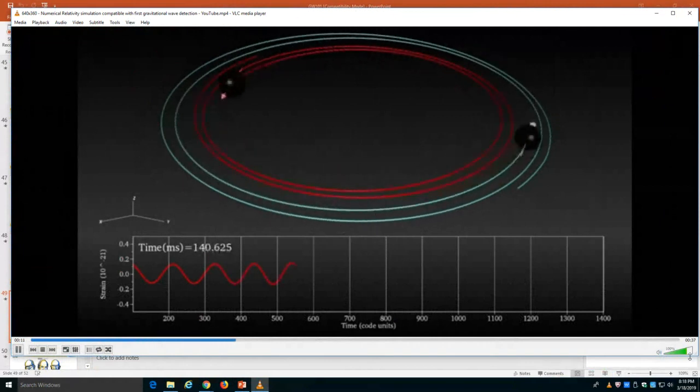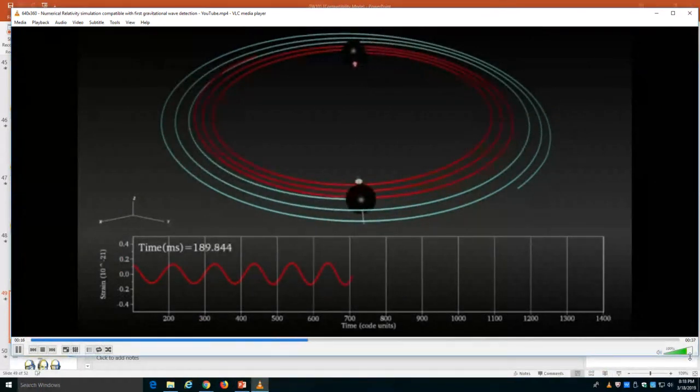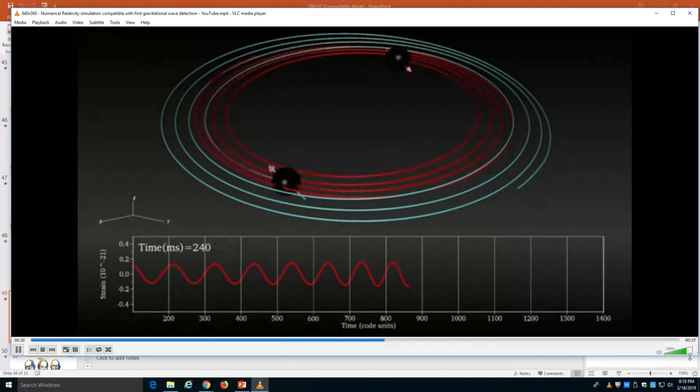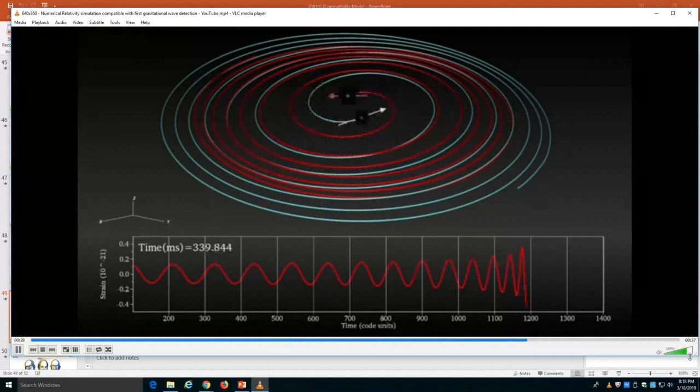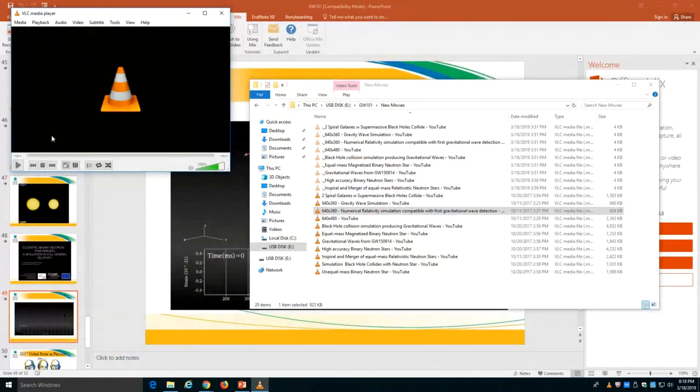And so they created this simulation based pretty much exactly on the parameters they observed, where they saw two black holes that were roughly 30 solar masses each, and they merged. And they were about, I want to say, about 3 billion light years away. And you can see that this is when they merged, and they got heavier and heavier and sink into a final black hole.